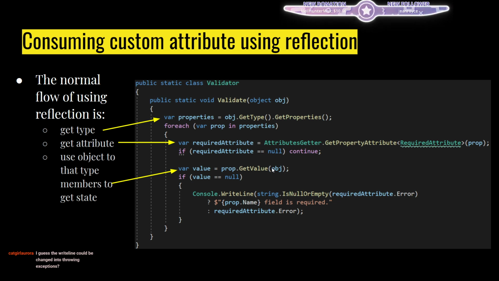Yes, of course, it could be done in many ways. Actually, the .NET framework does it in many ways. There is TryValidate, there is Validate. I wanted to do it like this, just to give a slightly easier demo. Of course, you could throw an exception. But again, it depends on your use case.